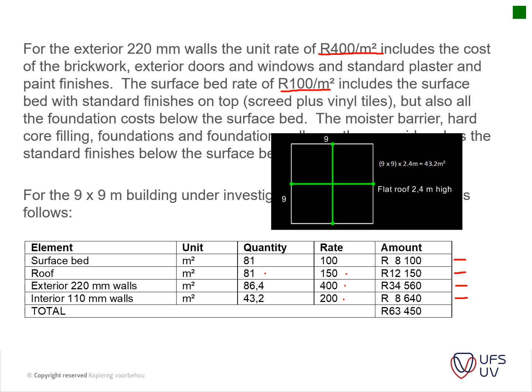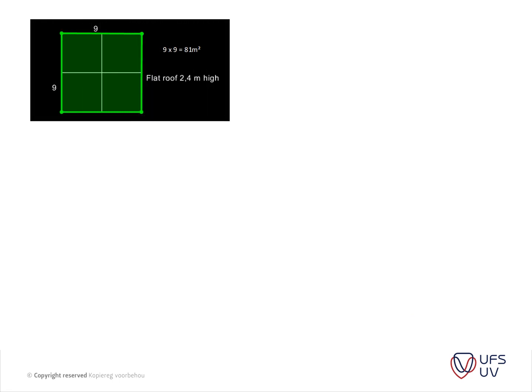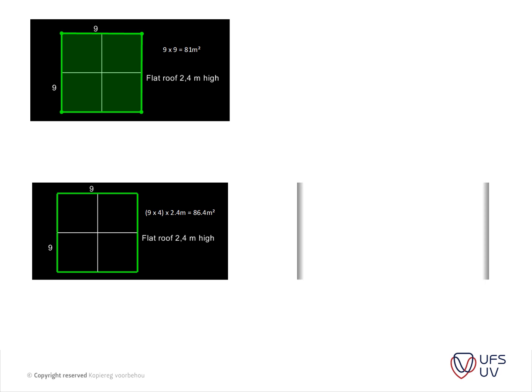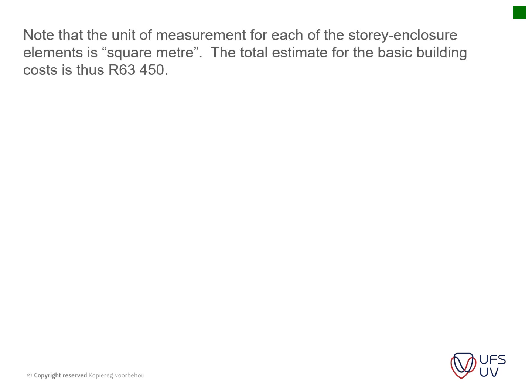We thus just add all our elements and get our total construction cost of 63,450 Rand. Okay, note that the unit measure for each of the story enclosure elements is square meter.